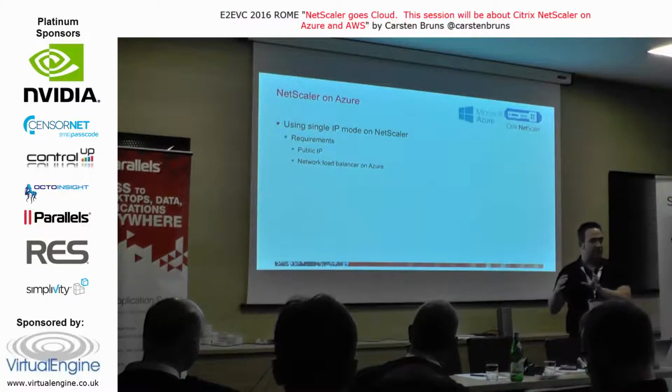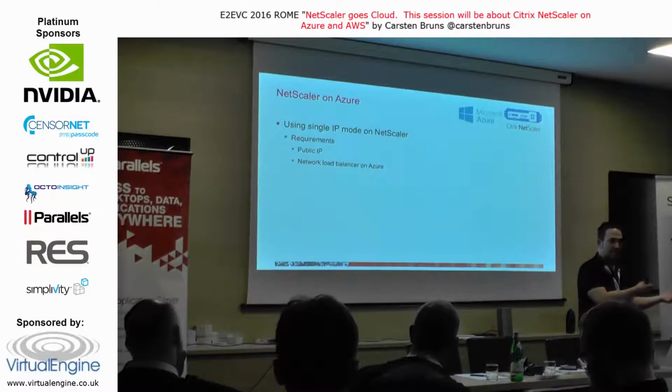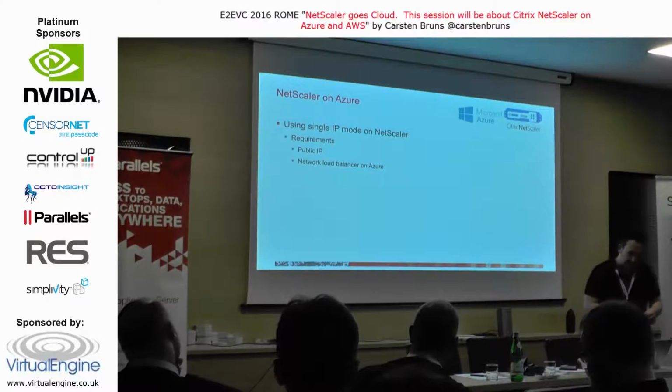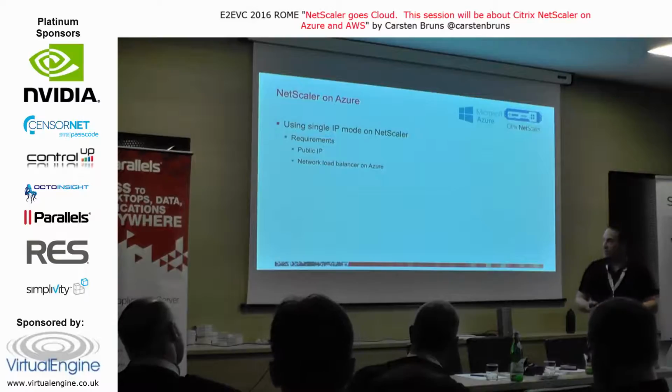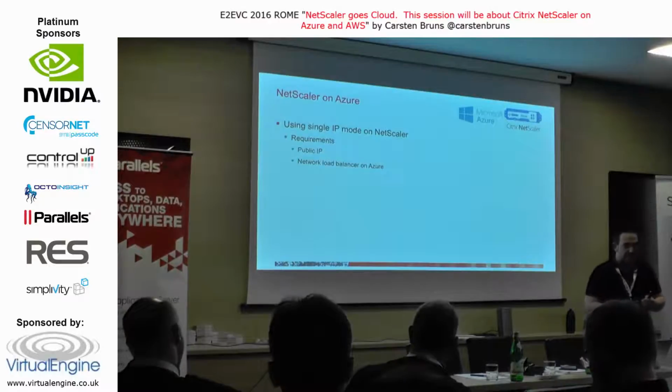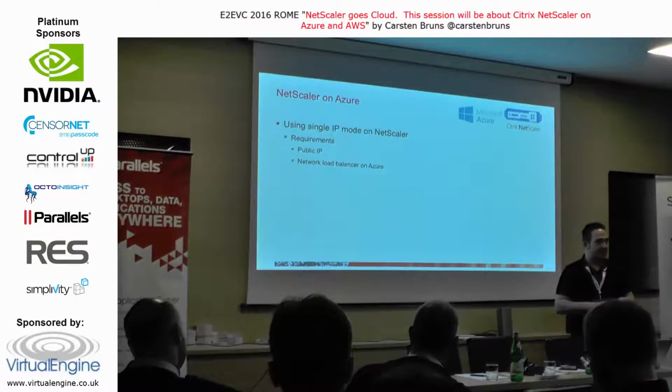So your NetScaler will have a private IP address and Azure will host the public IP address. To connect your services running on the NetScaler, you need to use a network load balancer based on Azure. This is what Esther just asked, how to connect my services to the internet.